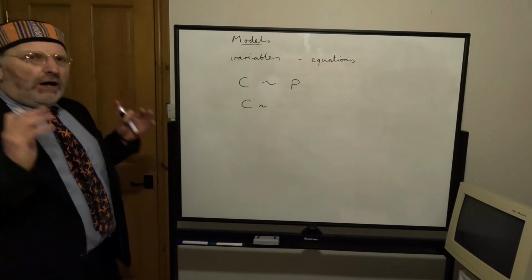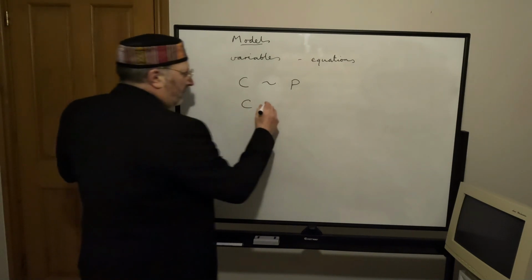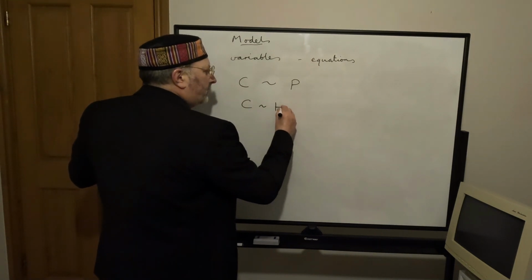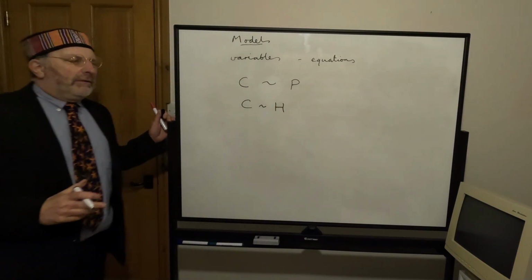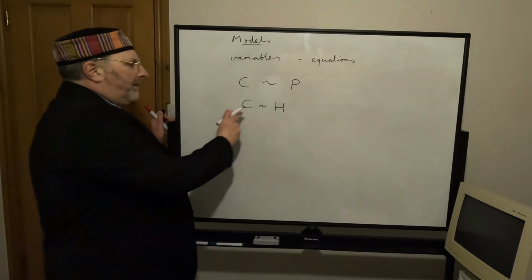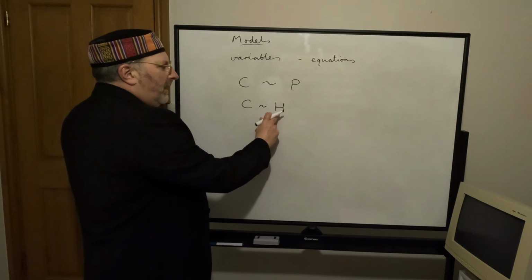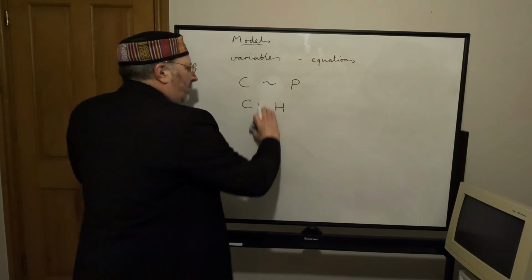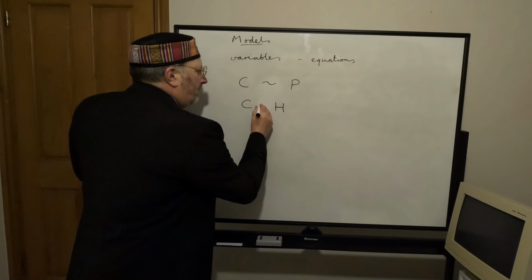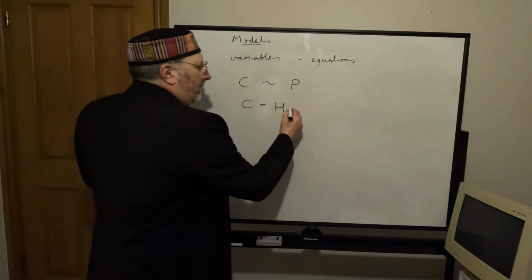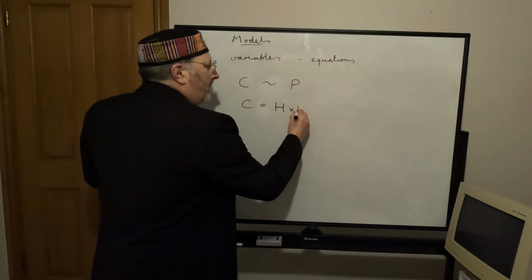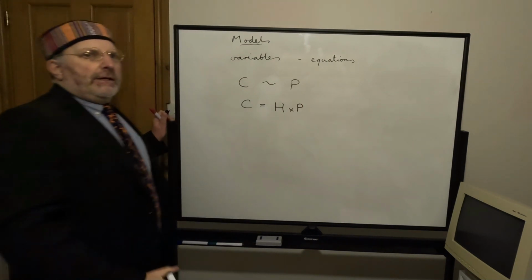I'll say economic hardship, in other words, and the economic hardship I'll represent with the capital H. So per capita crime rate depends on economic hardship, and let's actually make this a proper equation. We'll put an equal sign there, and let's say it equals the economic hardship multiplied by the population.